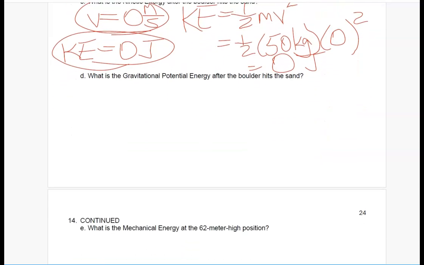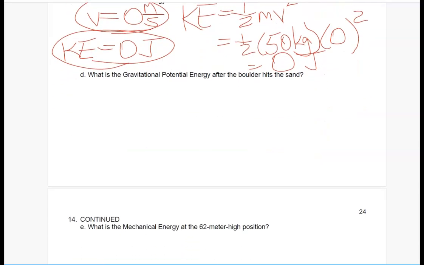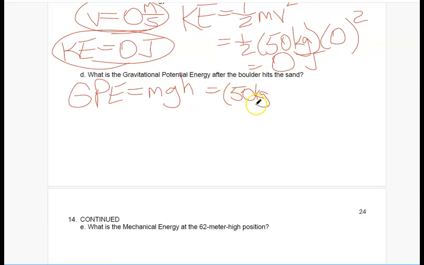Okay. And looking at this last one on this page, because there's another page here, what's the gravitational potential energy after it hits the ground? Well, gravitational potential energy, looking back at the formula we just used, mgh. Again, we have a mass of 50 kilograms. We have g, that's 9.8 meters per second squared.